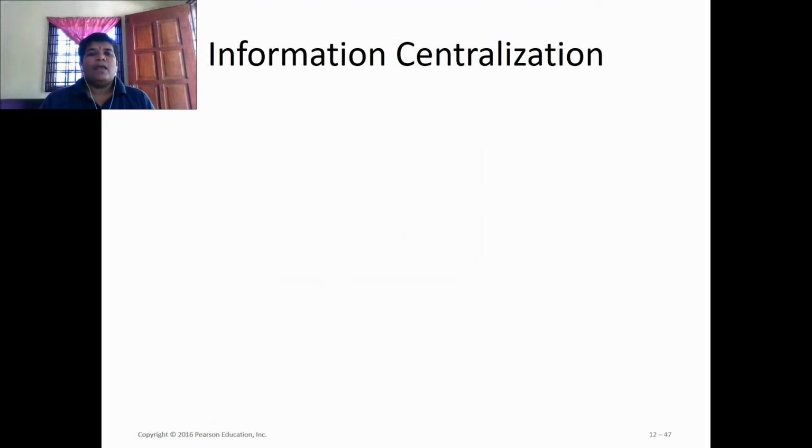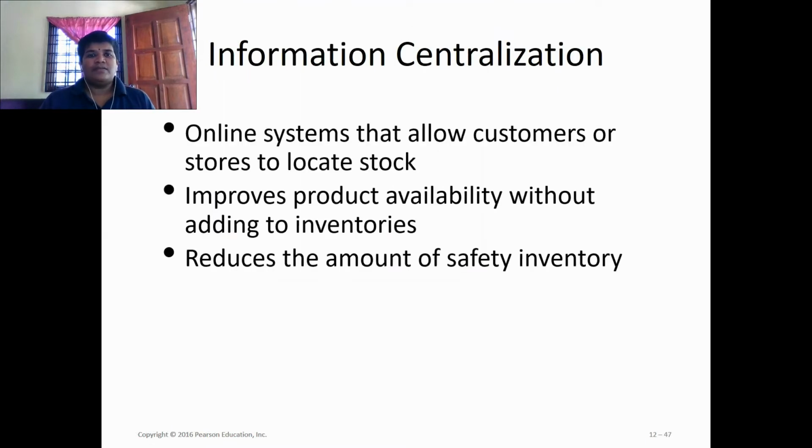Information on centralization: an online system that allows customers or stores to locate stock improves product availability without adding to inventory. When the information is centralized, it also reduces the amount of safety inventory.